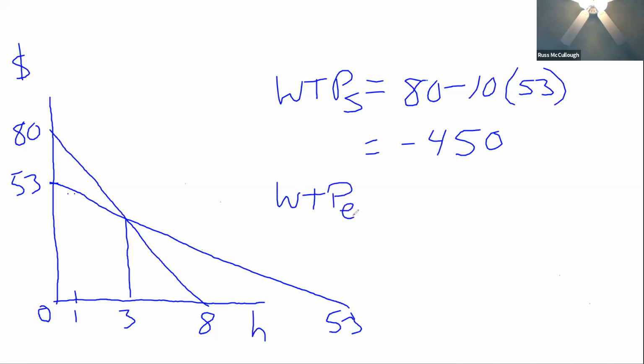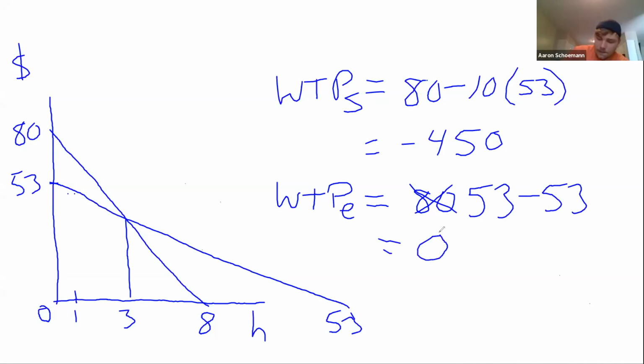For the elevator, we've got 80 minus 20, well, I'm sorry, 53. Let me just X that out. 53 minus h, 53 minus 53. Since h equals 53, it equals 0. I thought it was 53 plus h. Say that again, Aaron. I thought it was 53 plus h.